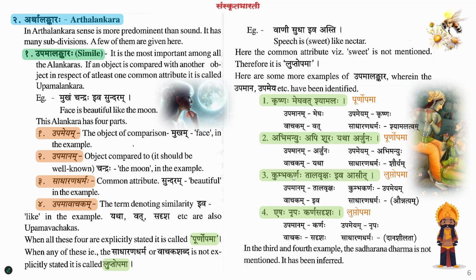Kumbhakarna is mentioned and he is being attributed with the property of Talavriksha. So he is an Upameya. Upamana is Talavriksha. Okay, but nothing is stated about why he is similar to Talavriksha. But we know what Talavriksha is famous for. Two things. One is the drink it generates, another is its massivity or height. So he was tall like the Talavriksha.